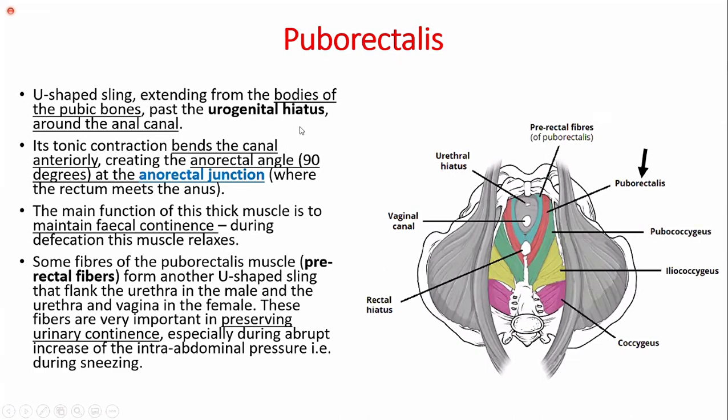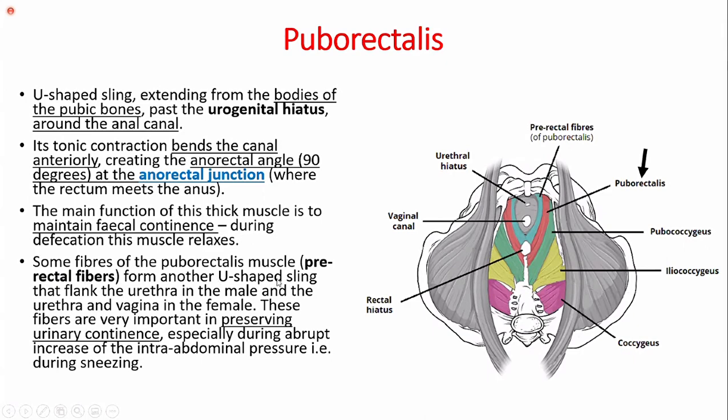This muscle has an important function for the anal canal because there's a 90-degree angle in the anorectal junction that helps you in controlling defecation. So if there's a problem with this muscle, the person might have issues with defecation, okay? So the main function of this muscle is to maintain fecal continence. So it helps the person control defecation. Okay, guys?